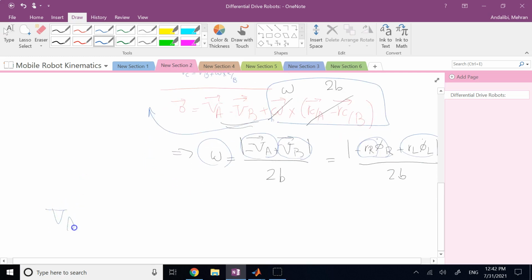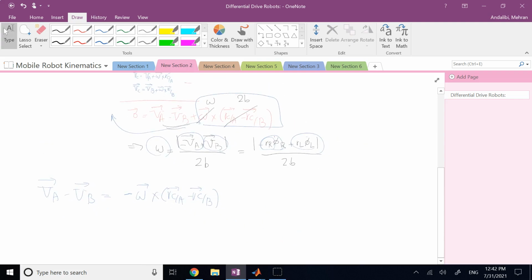I will get VA minus VB is equal to negative omega cross R of C with respect to A minus R of C with respect to B. So what are the directions?